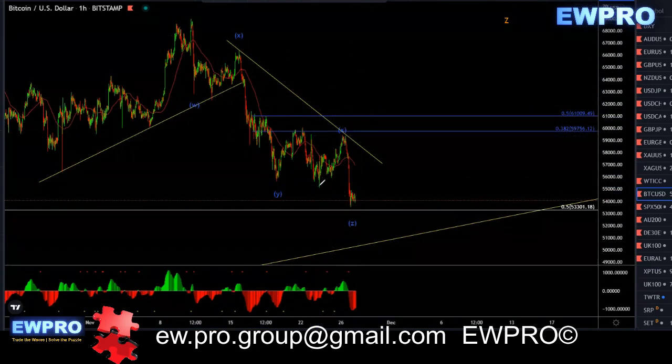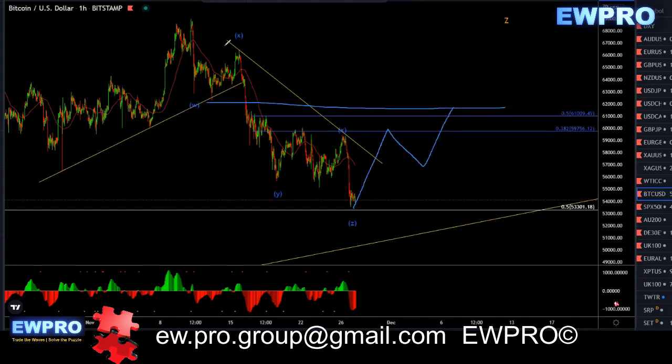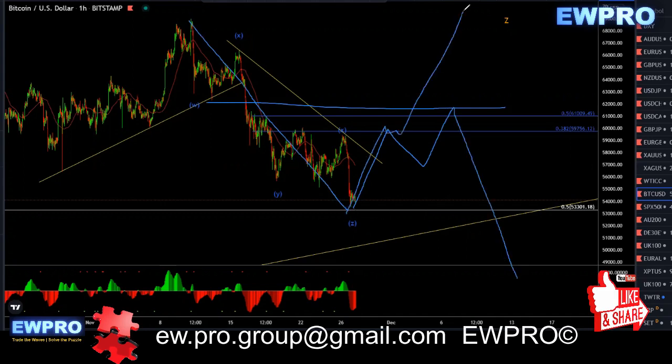Last week I was just looking for a move up here for an A, B, C. It is a little bit larger than this correction here, but not by much. So I'll still look at that as the Z down, and we do have bullish divergence. So we'll either get an A, B, C up to the 50 fib retracement of this move, and then more downside, or it takes off from here and we get that Z up like I showed on the daily.